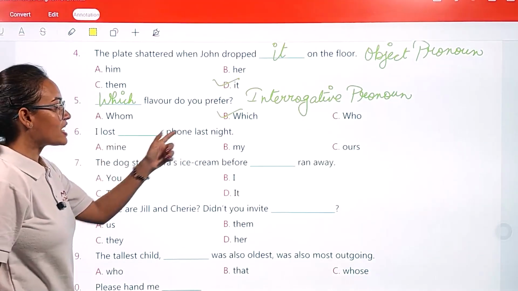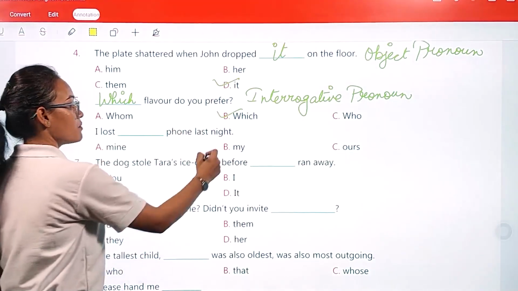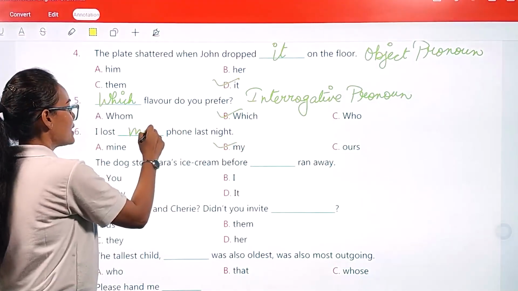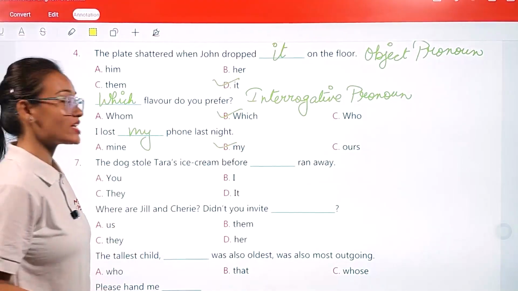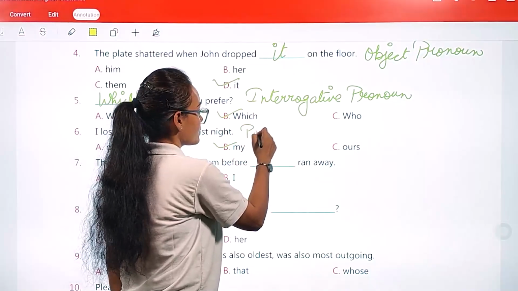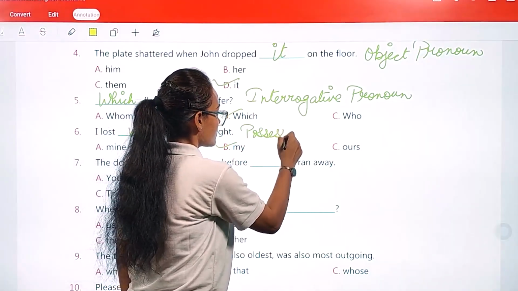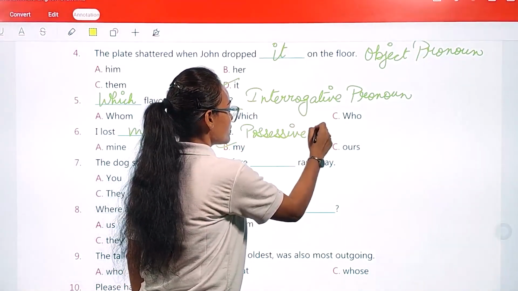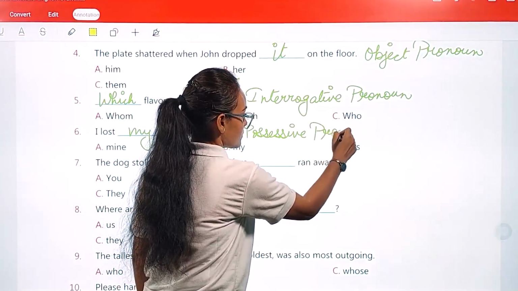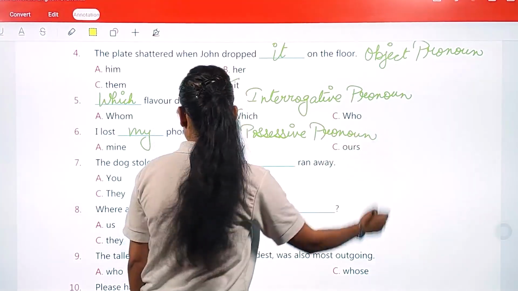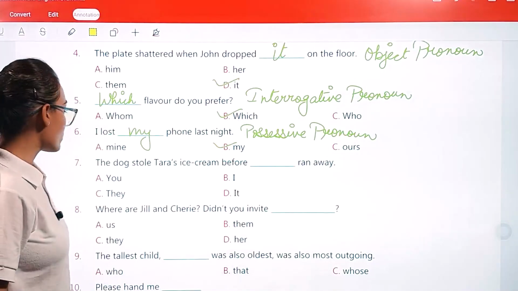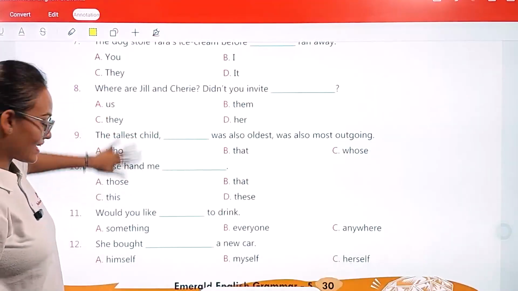I lost dash phone last night. I lost my phone last night. "My", it means what? It is showing possession. So it is possessive pronoun. Okay. Similarly, in this way, my dear student, you are going to complete the rest of the exercise.